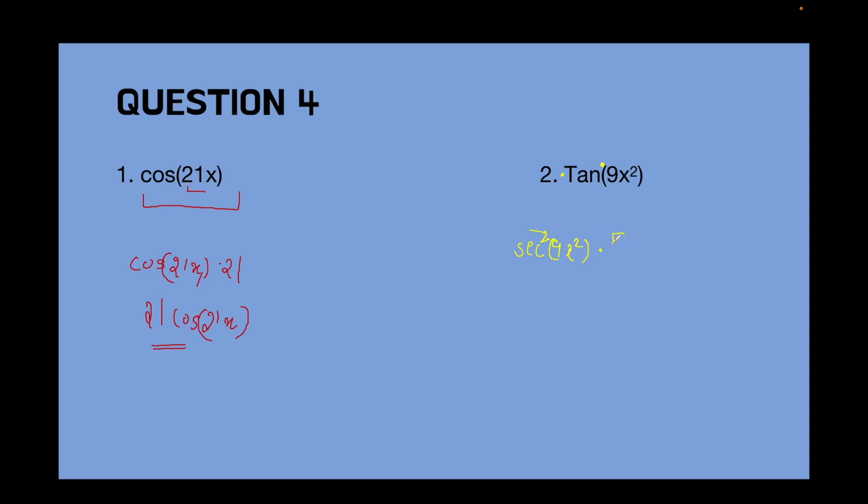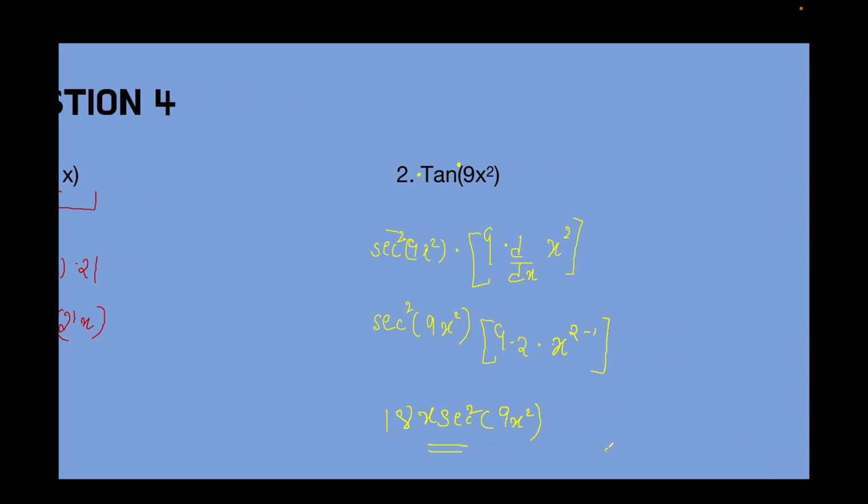Differentiate 9x square, which is 9 into differentiation of x square. Use the formula: 9 times 2 times x power 2 minus 1. So it is basically 18x into secant square 9x square.